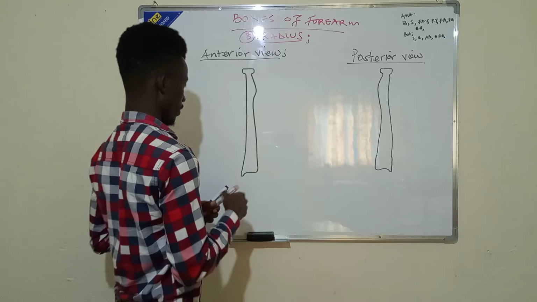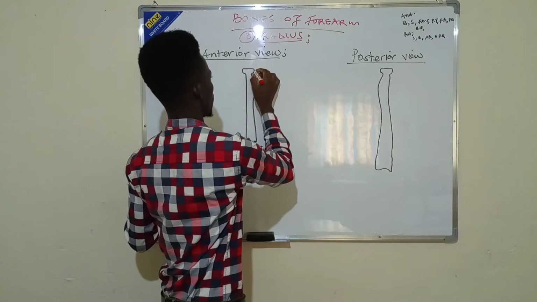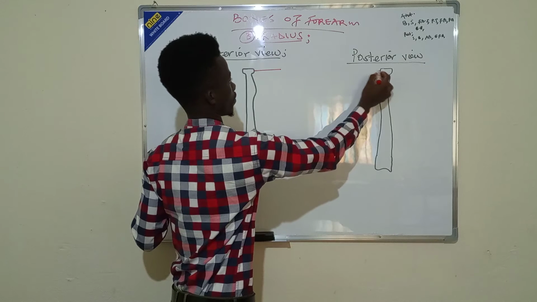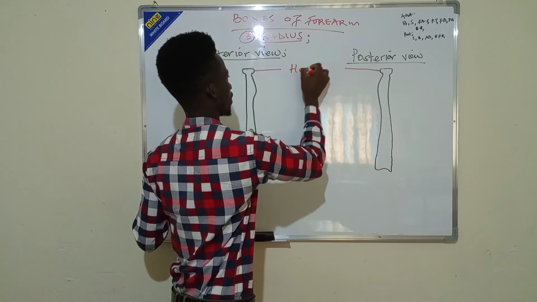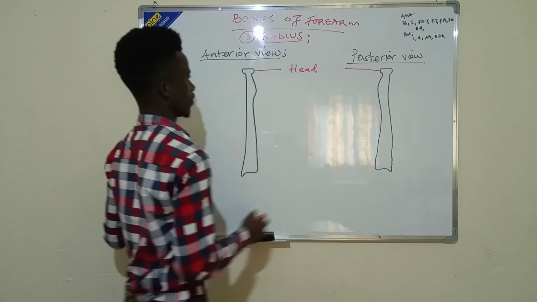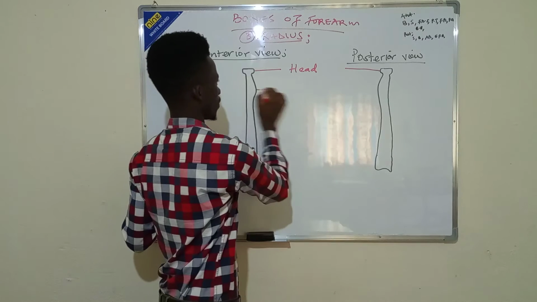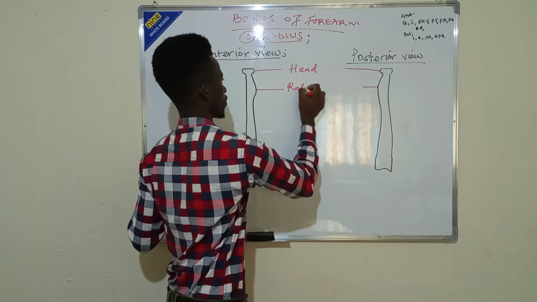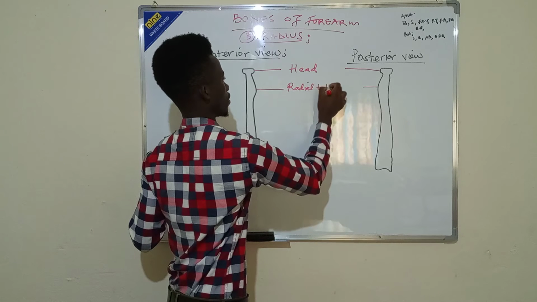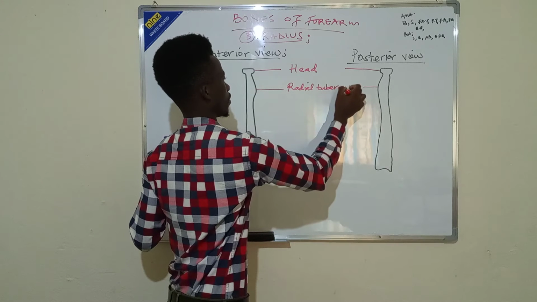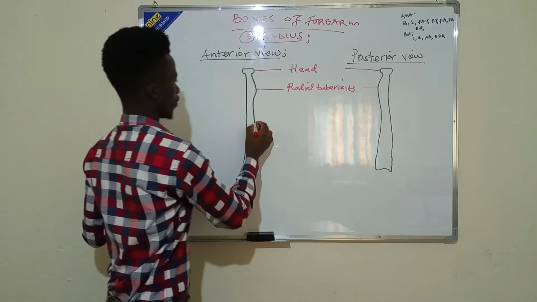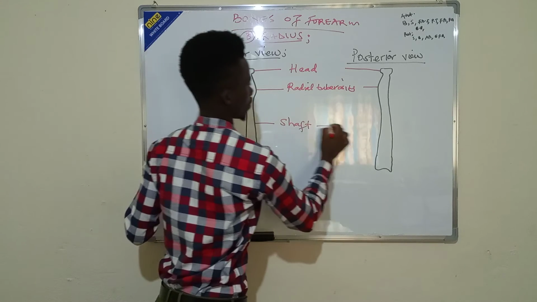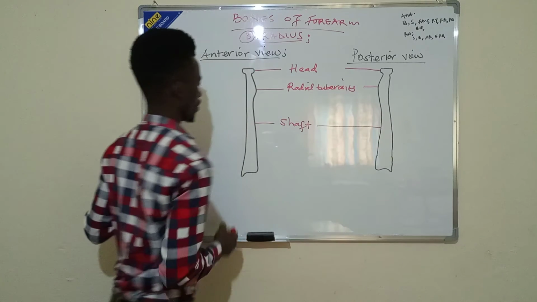So we shall have here the major features. We can see the head, which we call the head of the radius. We can see the radial tuberosity. We can see the shaft from both aspects.